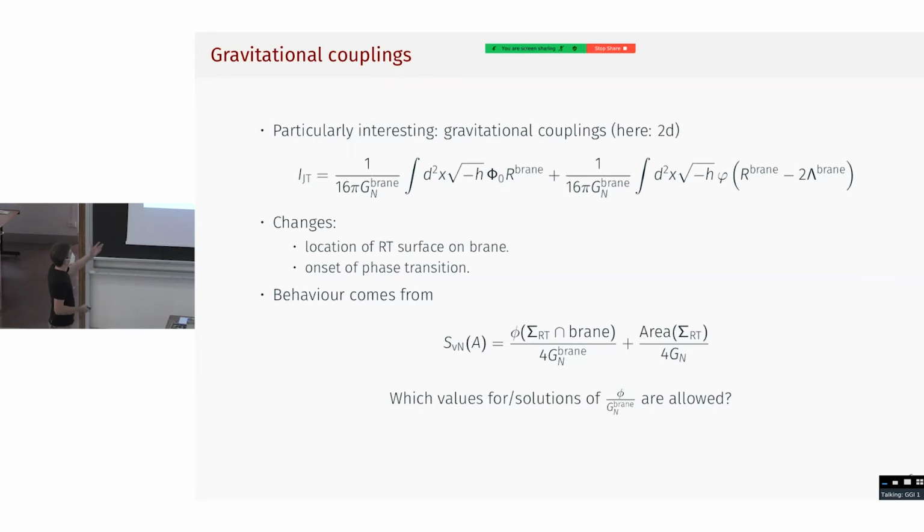I can just write down a solution in the two-dimensional case, and it works. In higher dimensions, you can also do this. A very convenient way is, in addition to adding, say, an Einstein-Hilbert term, you add another counterterm to the brane, which you then tune such that it cancels the on-shell contributions coming from the gravitational coupling. Now, there is of course a question of consistency.